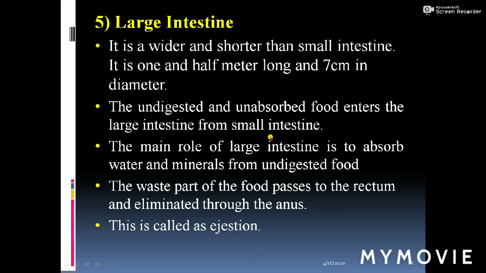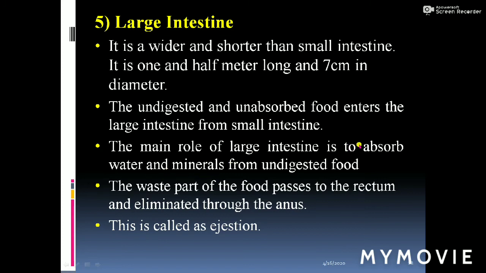This organ is wider and shorter than the small intestine, and it is 1.5 meters long and 7 centimeters in diameter. Digestion was completed in the small intestine, then undigested and unabsorbed food enters the large intestine from the small intestine.